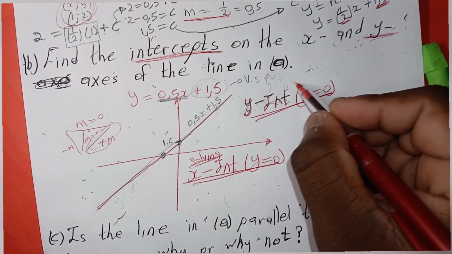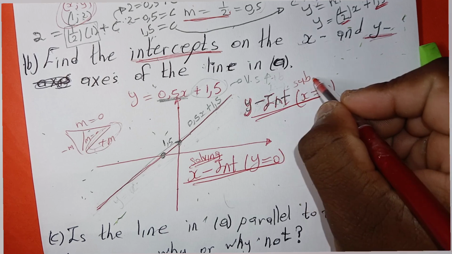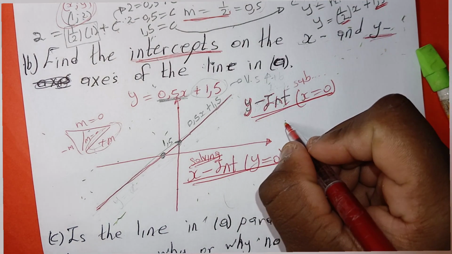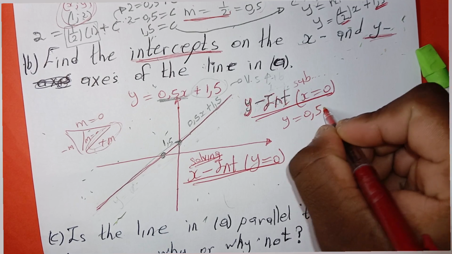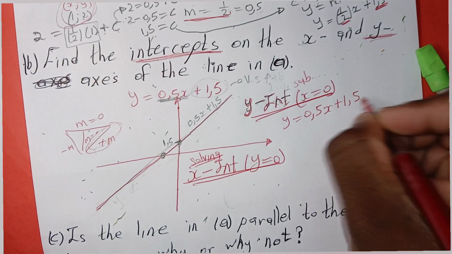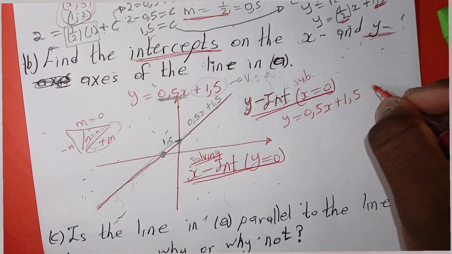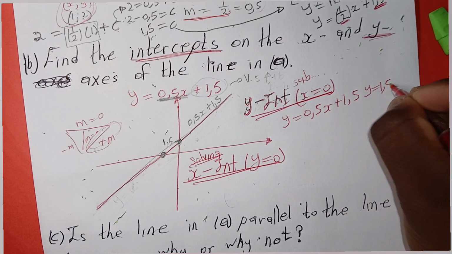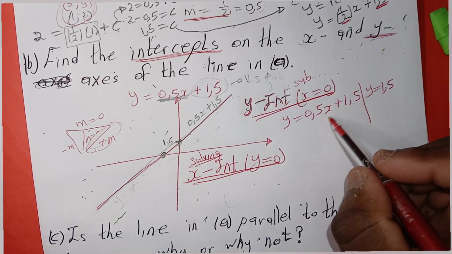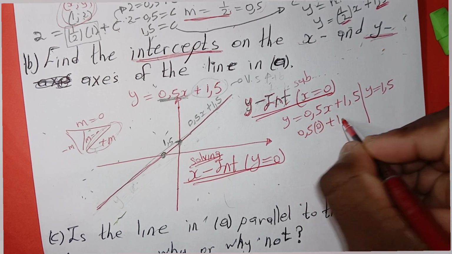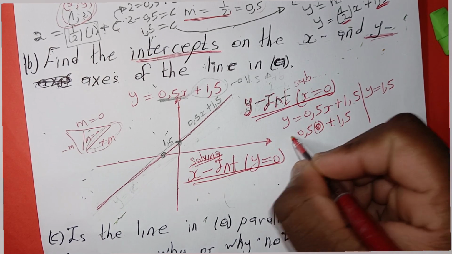You just substitute and determine the answer. So we got this equation, 0.5x plus 1.5. Even though you know that your y is equal to 1.5, to prove it, you can substitute x by 0 there.